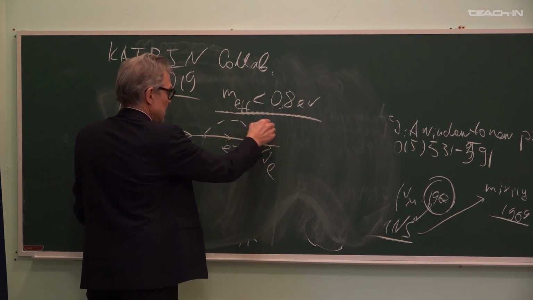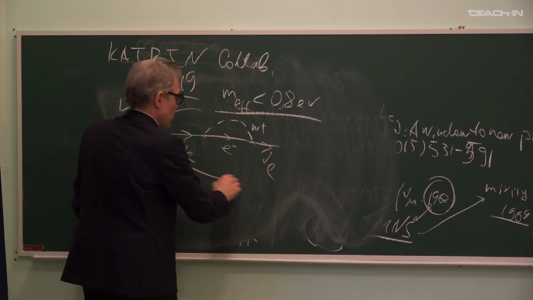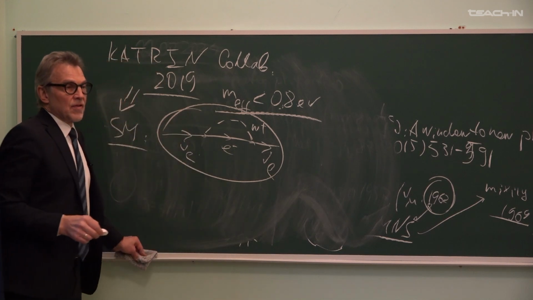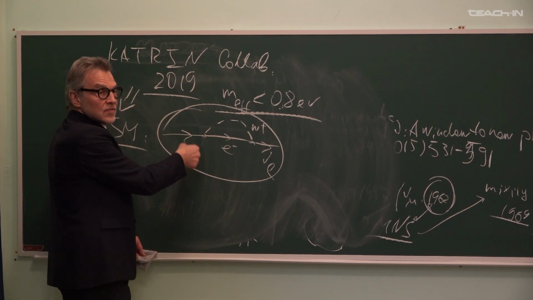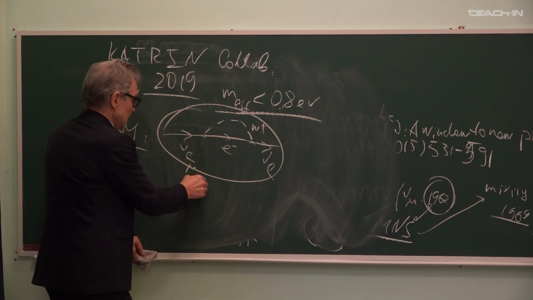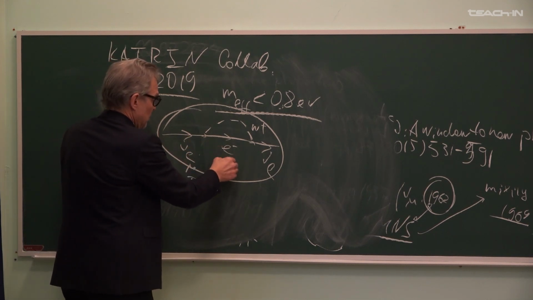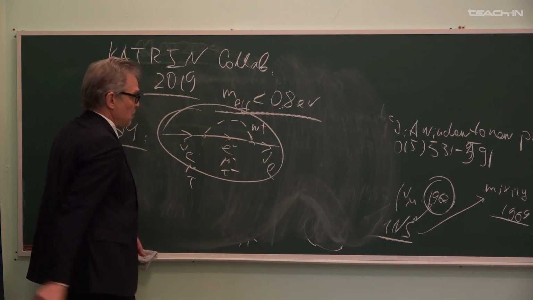This is what the Standard Model predicts for the flavor neutrino. A similar diagram exists for muon neutrino and tau. Here you just put muon and tau.